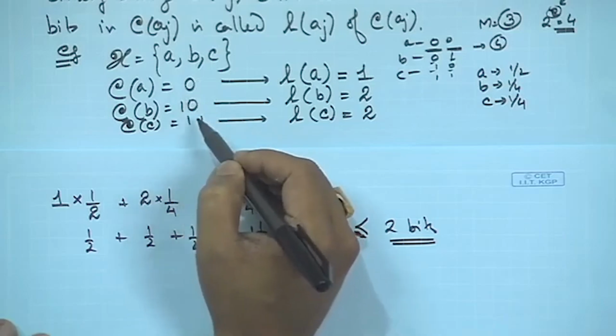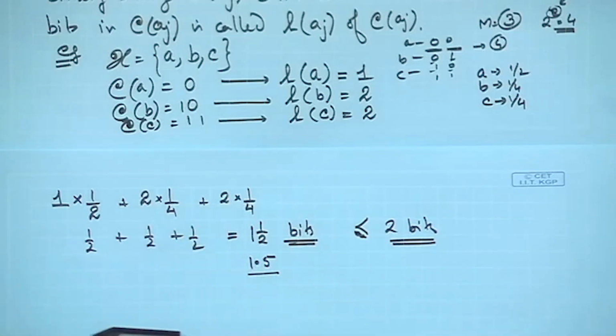But if we take this source and observe it for a very long time, let us say we look at the source generating 100 such symbols, we will find that 50% of those symbols will be A, 25% will be B, and 25% will be C. If I have used 0 to represent A, I am going to get 50 zeros.